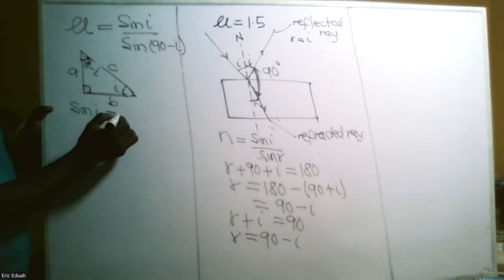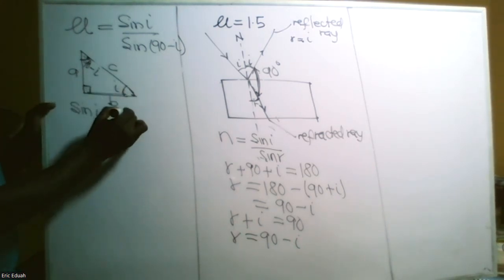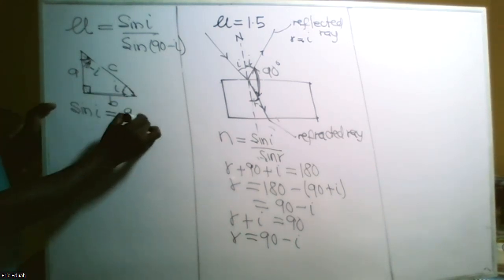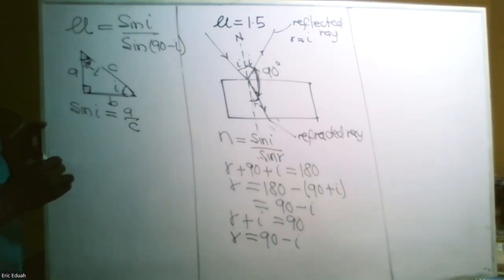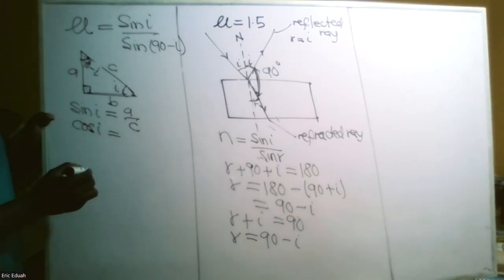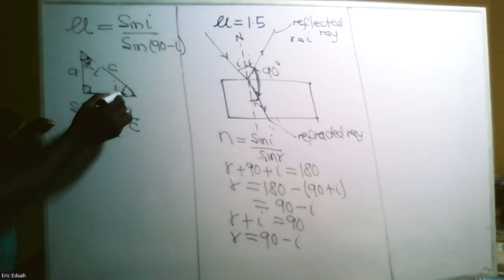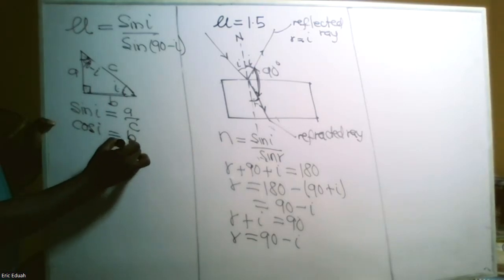Time. Okay, so sine I will be A over C. Then cos I. What will be cos I? If you delay, I'll answer, so hurry up. Cos I would be B over C.